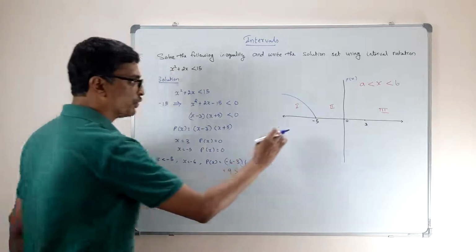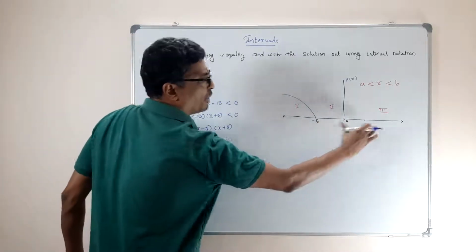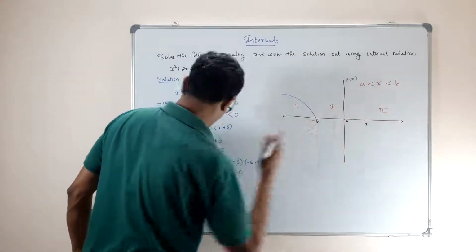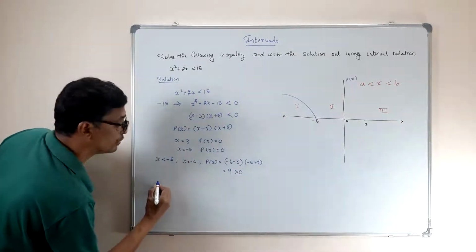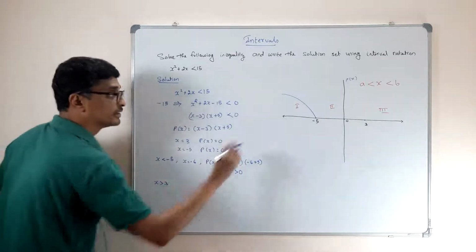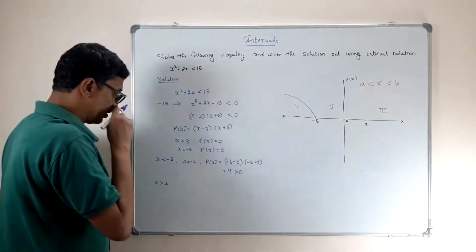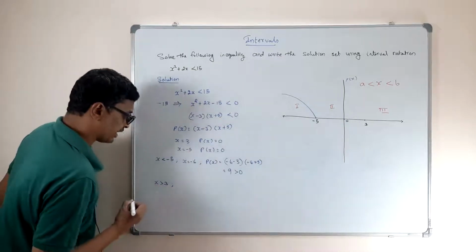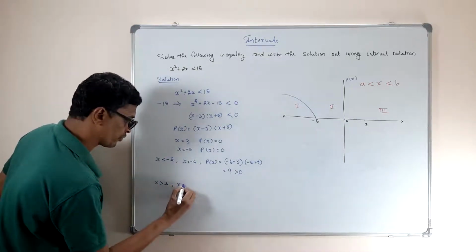Now let us go for the last region, x greater than 3. Tell me a point. x is equal to 4.